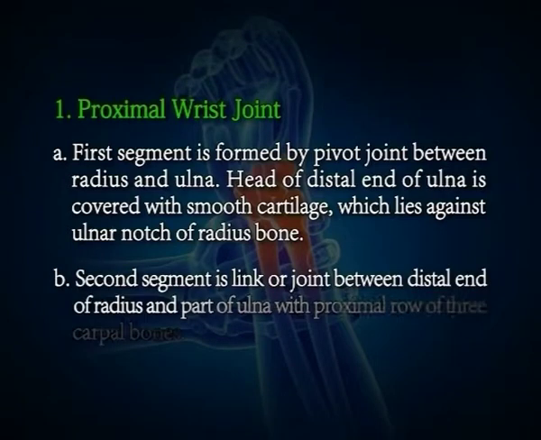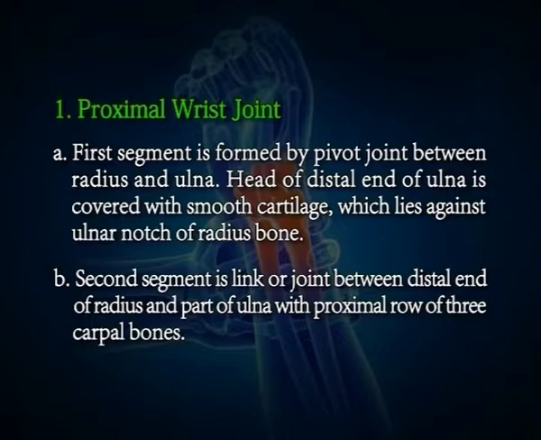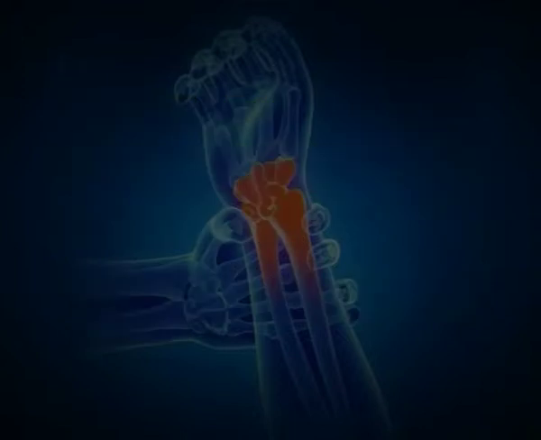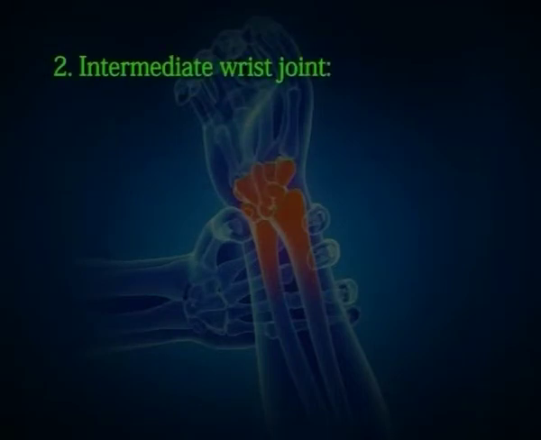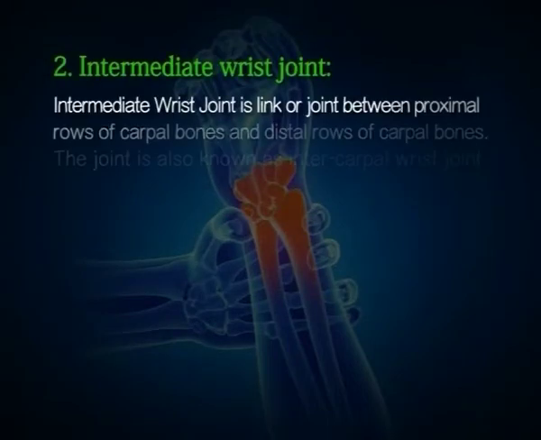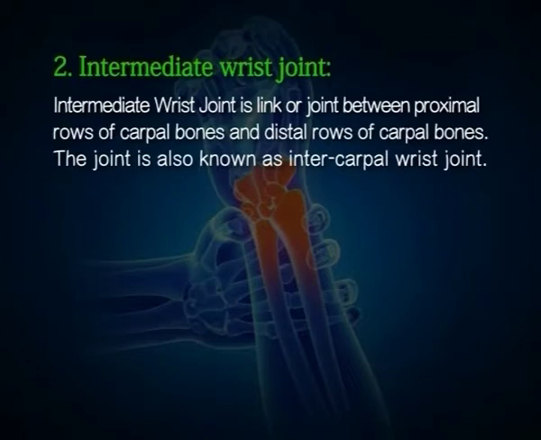Number B, the second segment is the link or joint between the distal end of radius and part of ulna with the proximal row of 3 carpal bones. Now we have the intermediate wrist joint. The intermediate wrist joint is a link or joint between the proximal row of carpal bones and the distal row of carpal bones. The joint is also known as the intercarpal wrist joint.